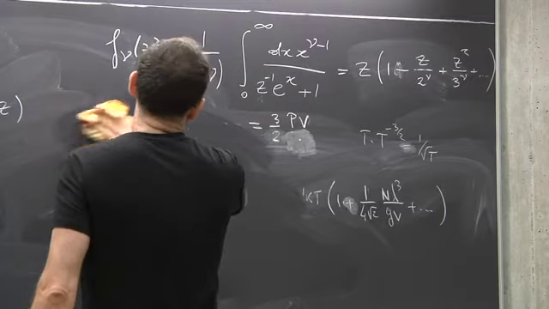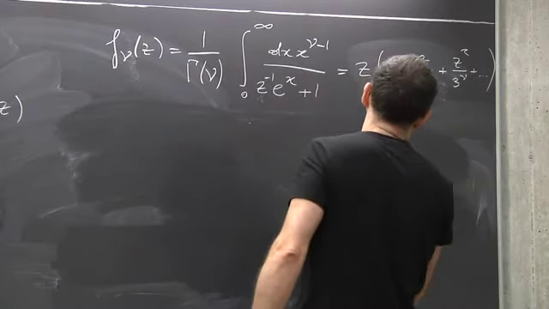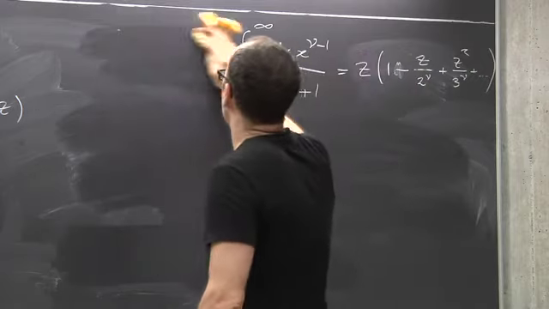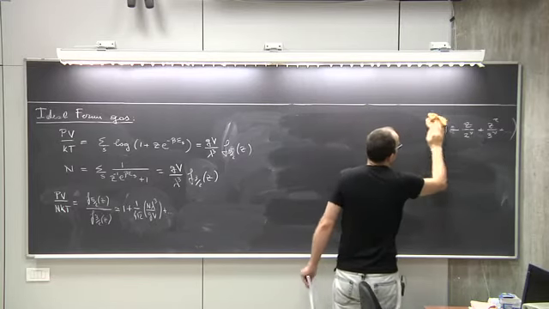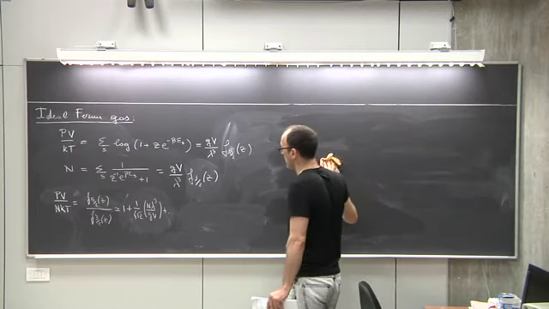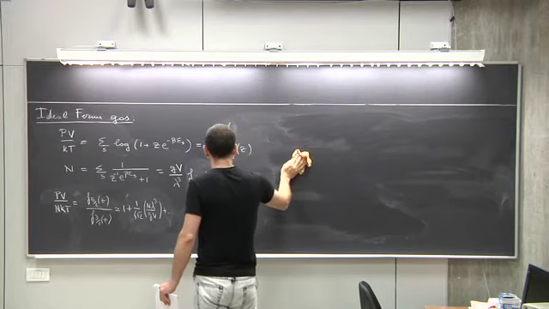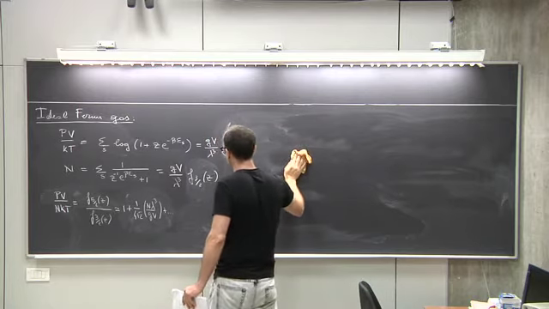Okay, so how do we understand the behavior of Fermi gases at very low temperatures?